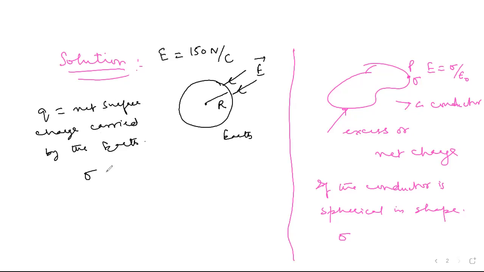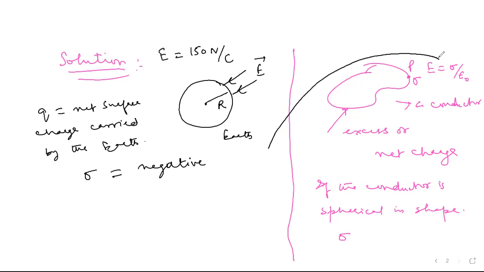So sigma is negative. Since the electric field is directed downward, and lines of force terminate on negative charges, the average surface charge density sigma of the Earth must be negative.